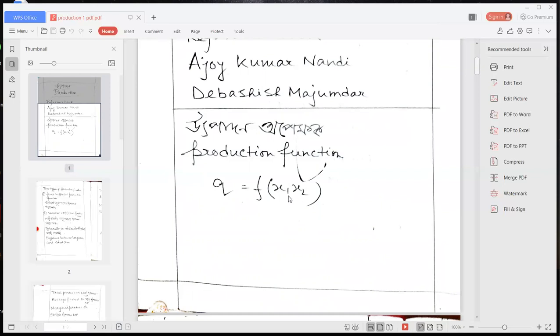Here, x1 and x2 are inputs and Q is the output. Inputs means the factors of production that are used to obtain the output Q. And the functional relationship between Q and x1, x2 is the production function.